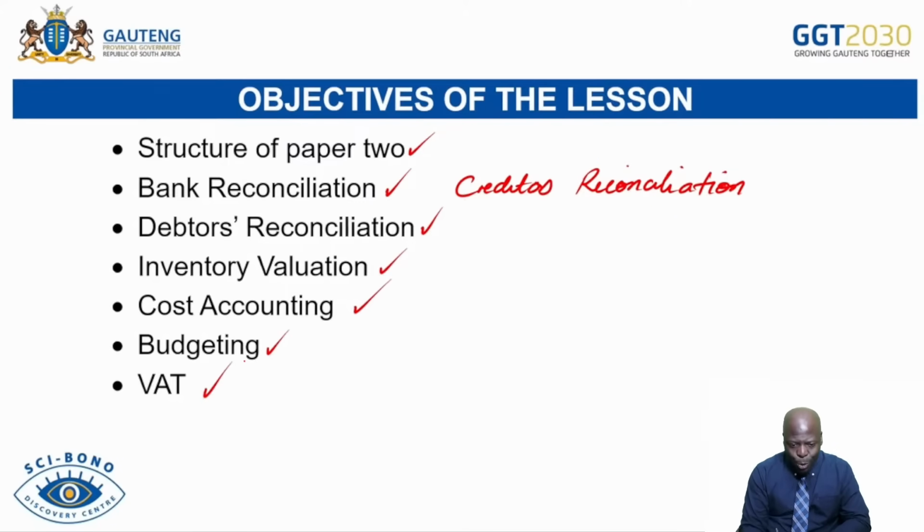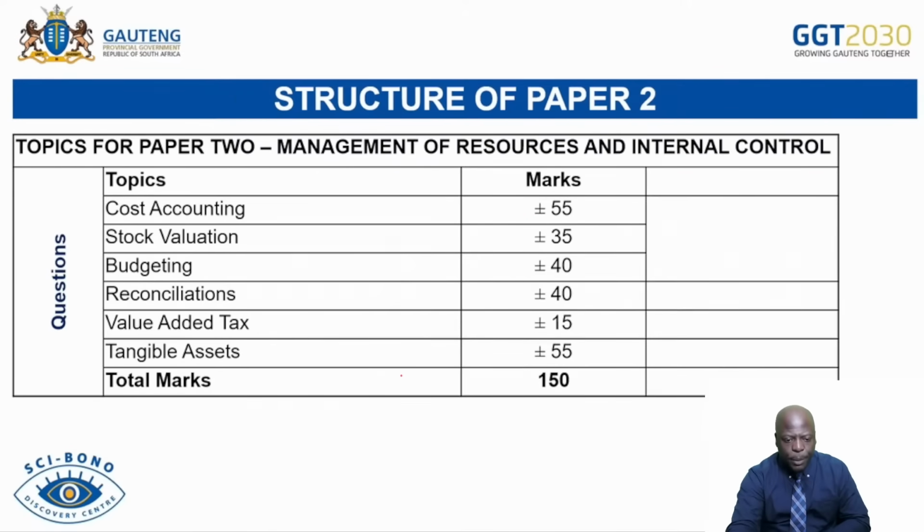Before I go on to the next one, I'm just going to add here that you also need to look at your debtors age analysis as well. Okay, so let's go on.